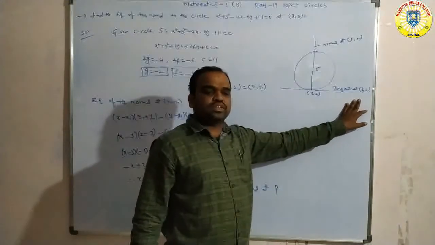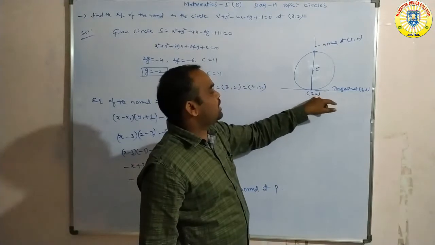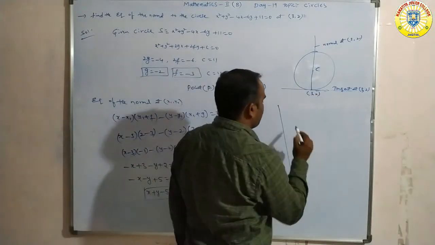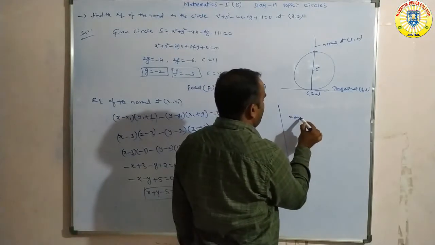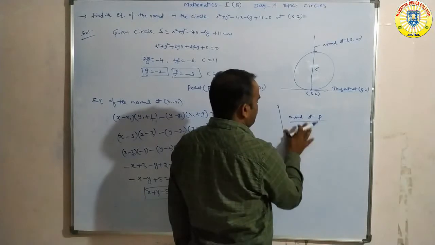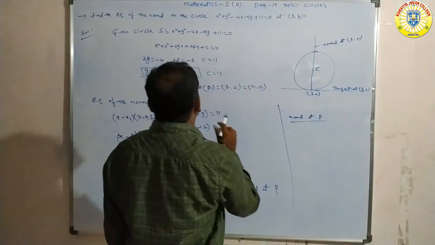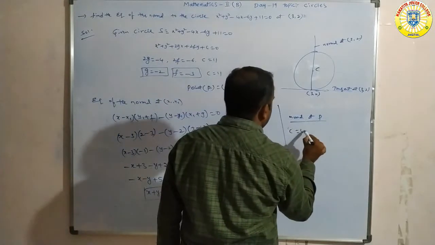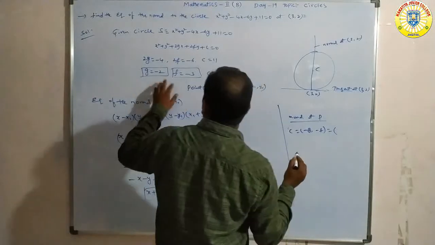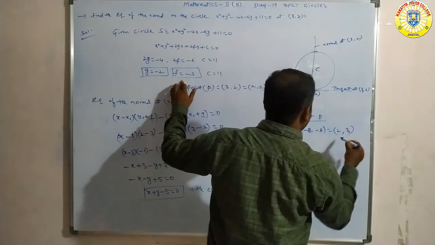Another process is also there. Every normal passes through the center of the circle, and here the normal at P passes through two points: the center of the circle and P. The center is minus g comma minus f, that is minus of minus 2, which is plus 2, and minus of minus 3, which is plus 3.